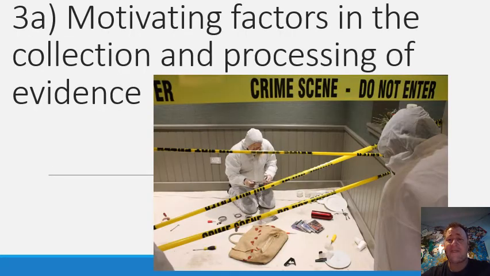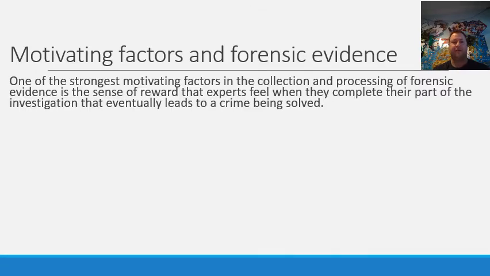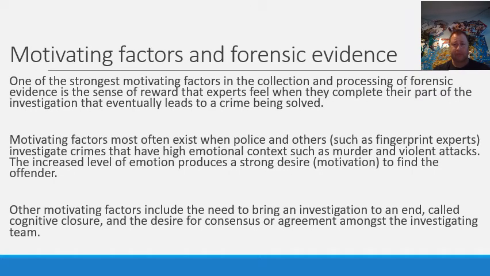Okay, theory time. So the first part is what motivates forensic scientists, and the other part is looking at biases. They overlap, but they are separate things. So the first idea is that we know forensic scientists want to be right, but there are different reasons for this.